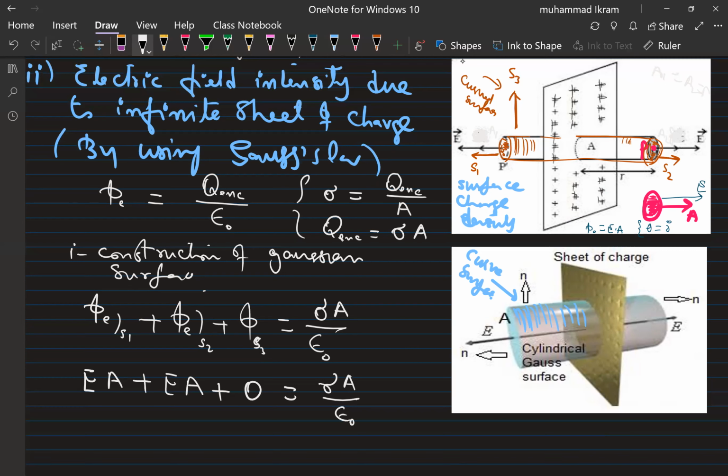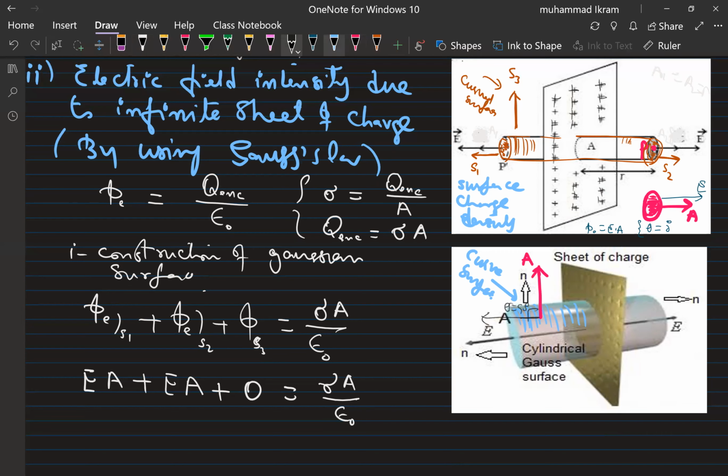Now, why is it 0? The answer is very simple. Because if you look at the curved surface, the normal is in this direction, for example, if this is the area, and the electric field intensity is in this direction. So what is theta? Theta is 90 degree.